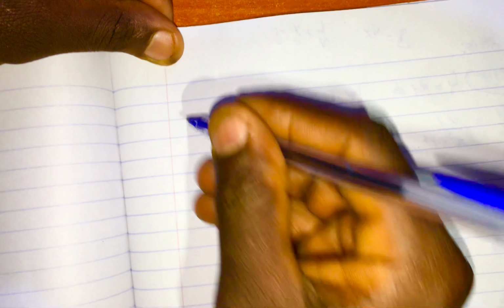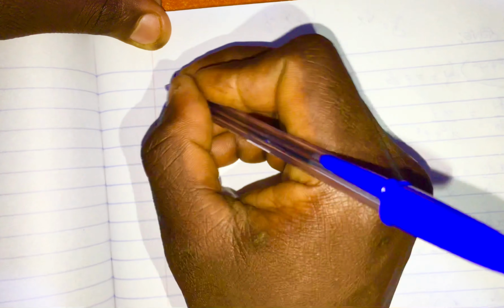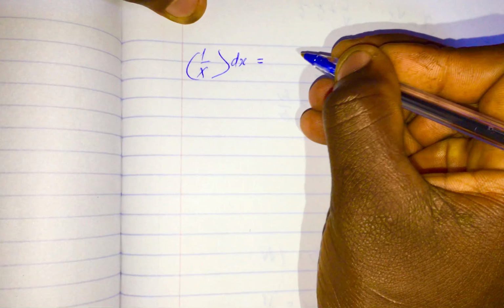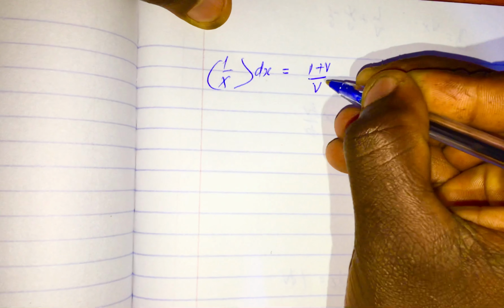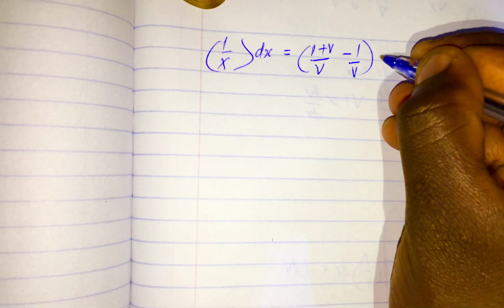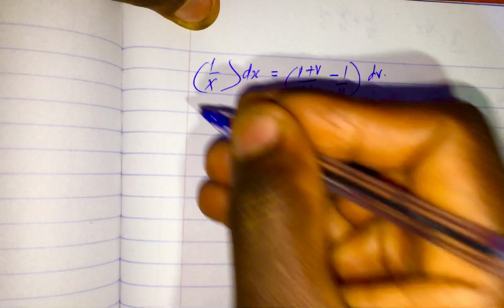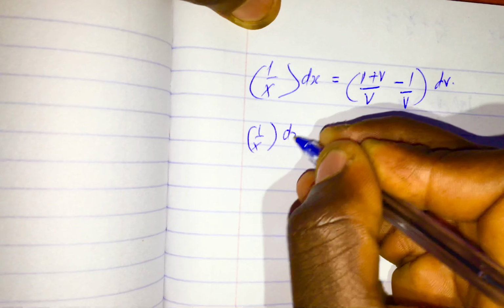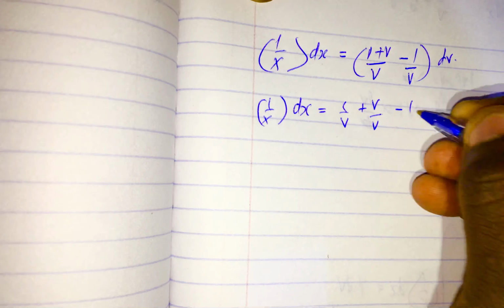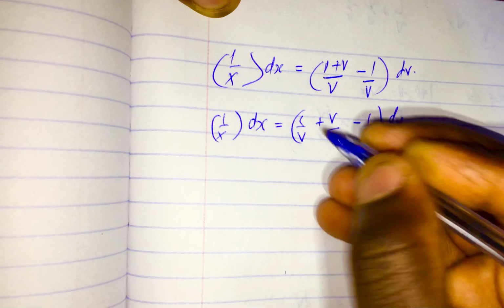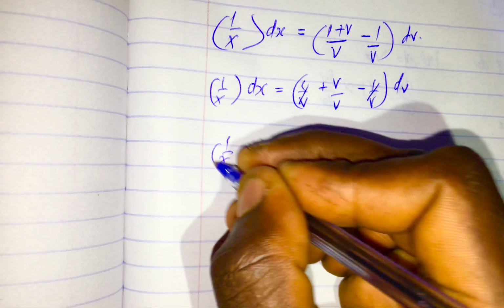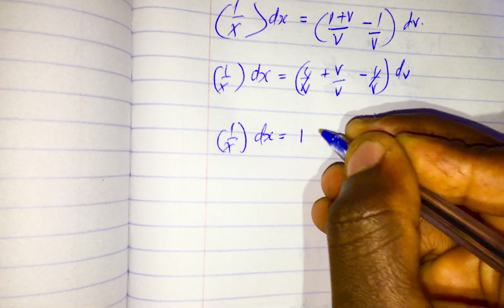Then you factor out the dv. Now from there we have 1 over x dx is equal to 1 over v plus v over v minus 1 over v dv. So 1 over v cancels 1 over v, then v over v is 1, so 1 over x dx is equal to 1 dv.